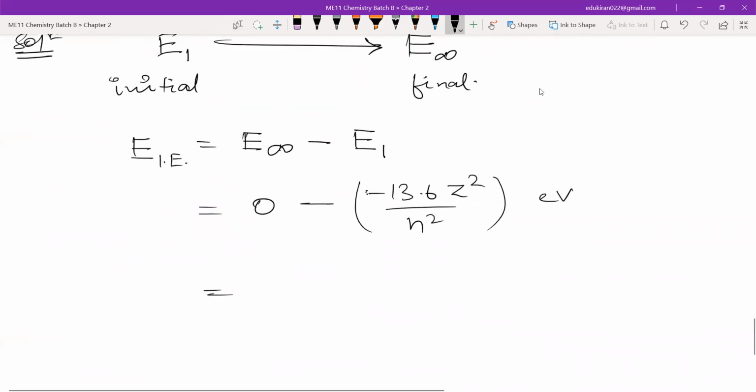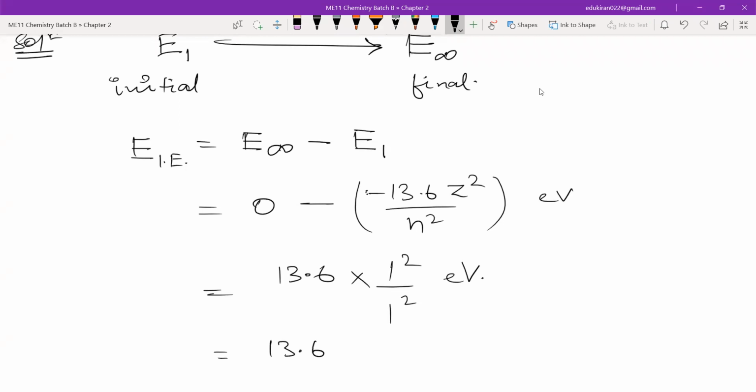This minus minus will become positive. So you will have 13.6. For hydrogen, there is one proton, and there is only one shell, and the electron is also present in that shell. So 1 square upon 1 square, in electron volts. So this will be equal to 13.6 electron volts. This much energy will be required to remove one electron from the hydrogen atom.